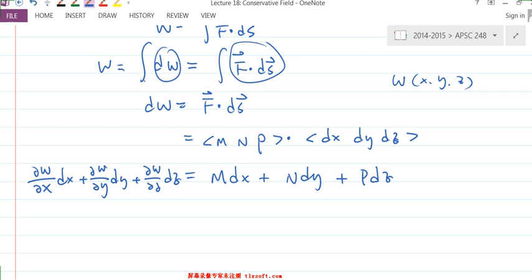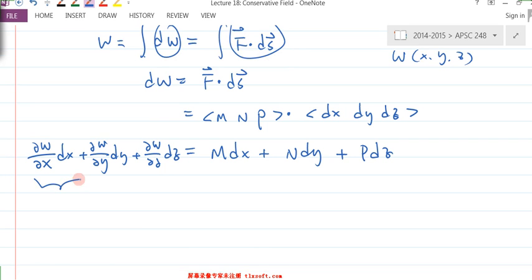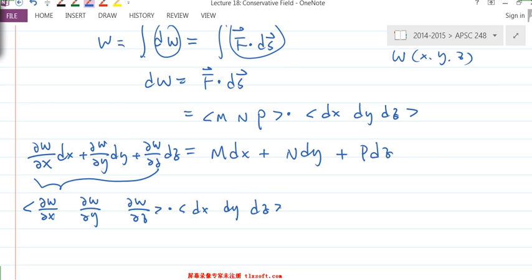Or this whole left side, you can write it as the vector of partial W over partial x, partial W over partial y, and partial W over partial z, dot dx, dy, dz. That makes sense, right?